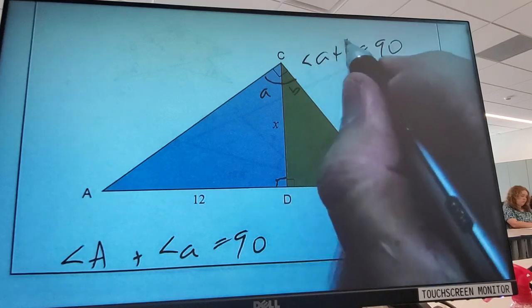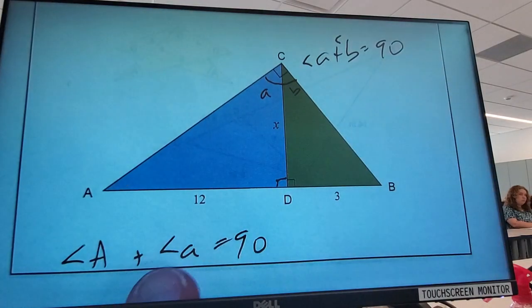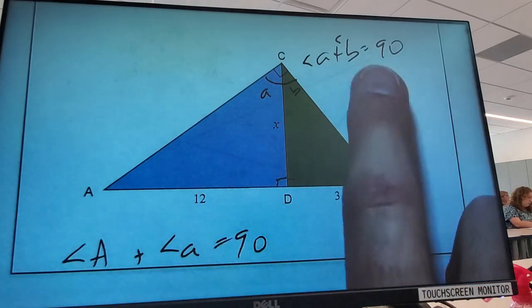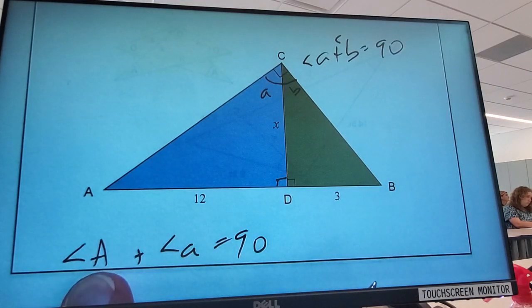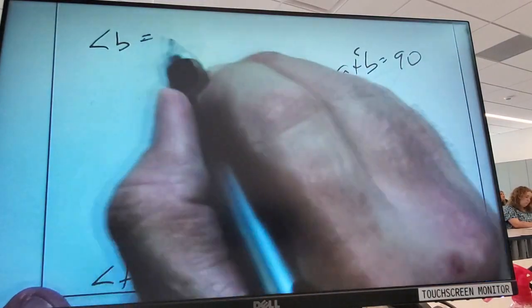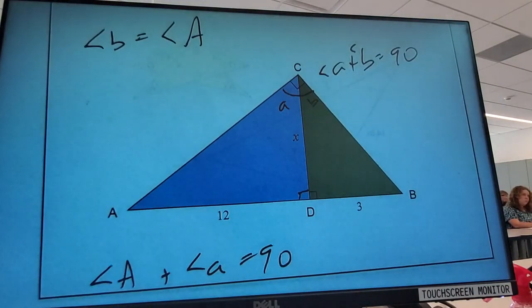If angle A plus angle B make 90, and angle little a plus angle big A is 90, what must be true about angle little b and angle big A? They must be equal to each other. So now we know angle little b equals angle big A.